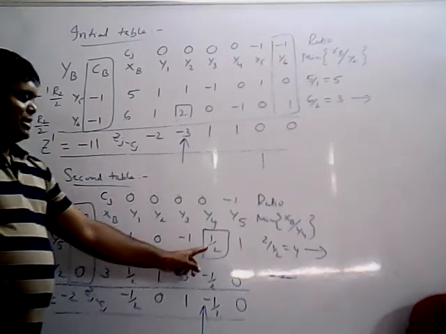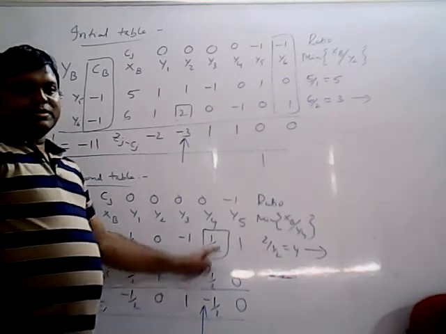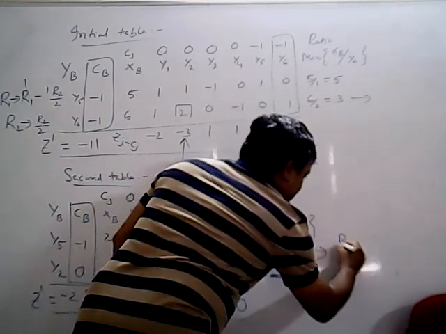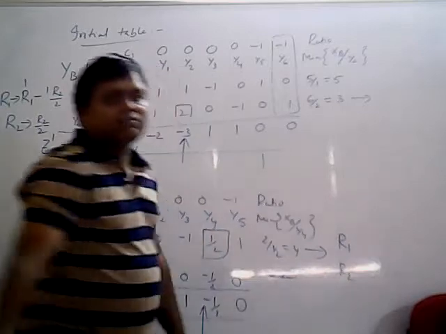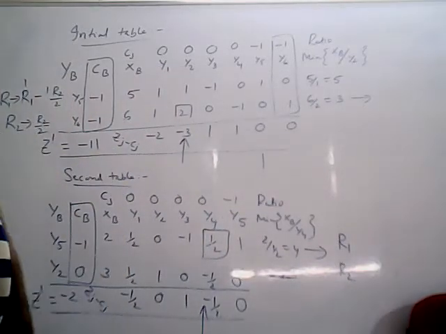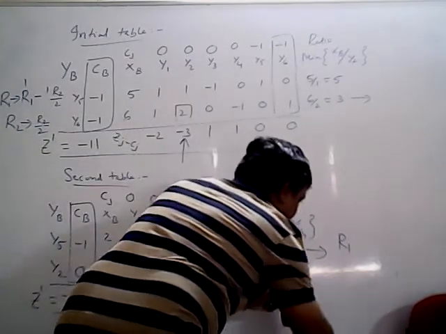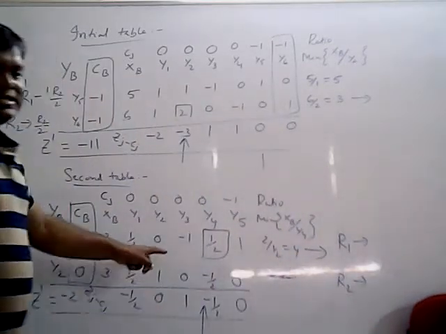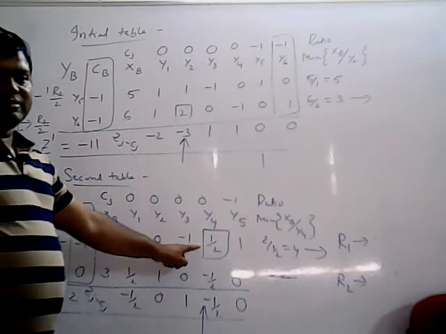Make this key element 1 and the other elements 0 by performing matrix row operations. I am writing the row operations here on this side, where I have space. Two rows are there, R1 and R2. Which row is the key element in? The first row. So I will make this key element 1.